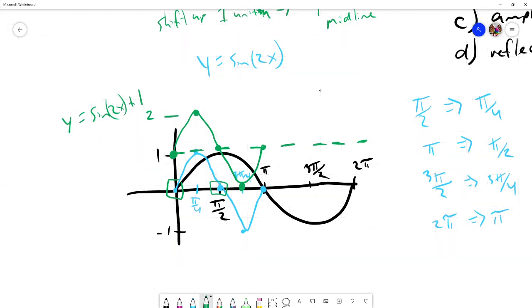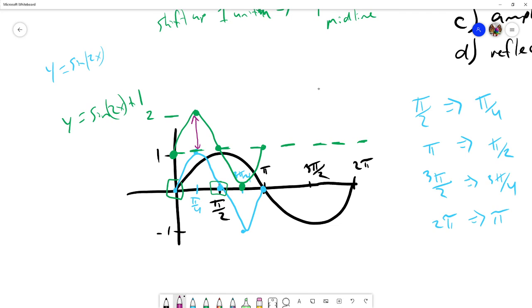Alright, so I'm going to move this y equals sine of 2x, and we need to make a little bit more room. So let's delete that. Alright, so when we think about the amplitude, this here, that is a unit length of 1. That is an amplitude of 1.